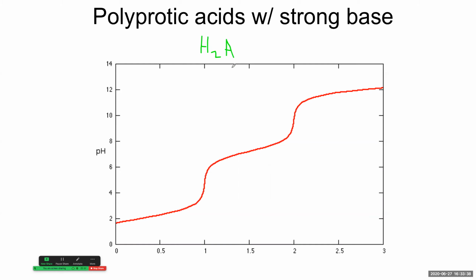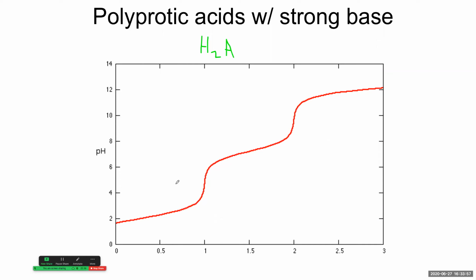Both of these hydrogens are acidic. The titration of the first hydrogen is shown here at this first inflection point, and the second hydrogen then comes off at a higher pH here.